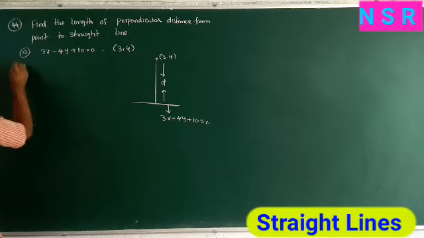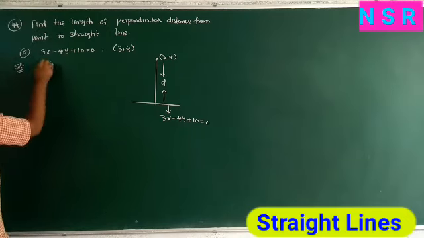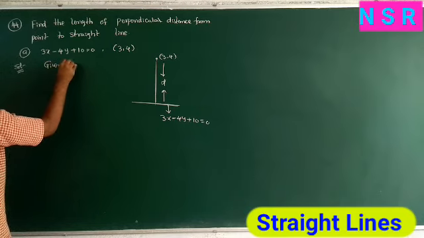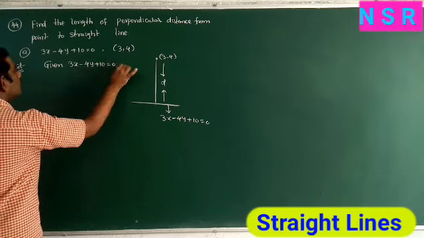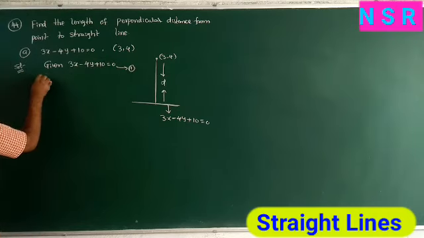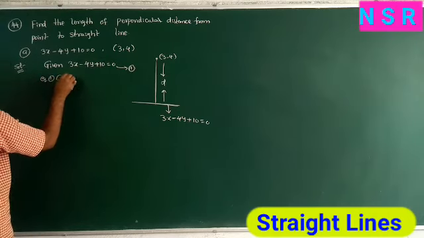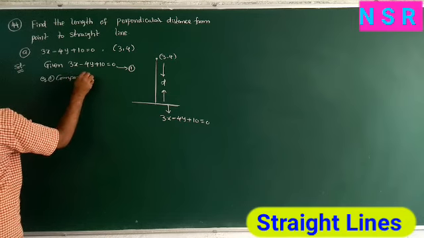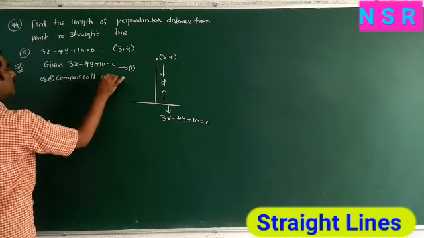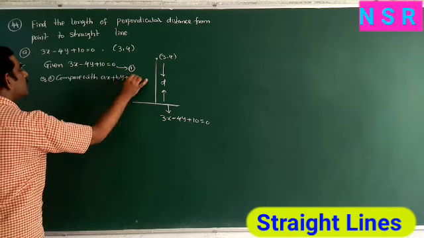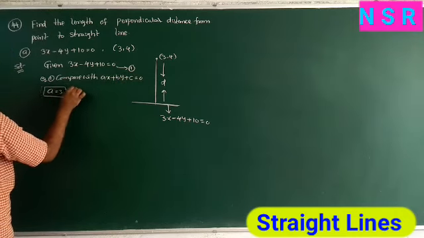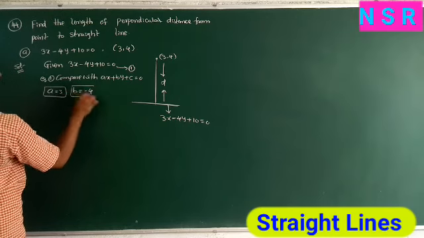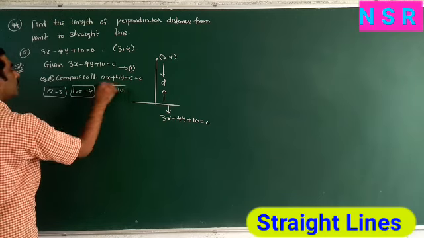So we have a formula of perpendicular distance from point to line. Here given line 3x - 4y + 10 = 0, take it as equation number 1. Equation 1 compare with ax + by + c = 0: a equal to 3, b equal to -4, and c equal to 10.